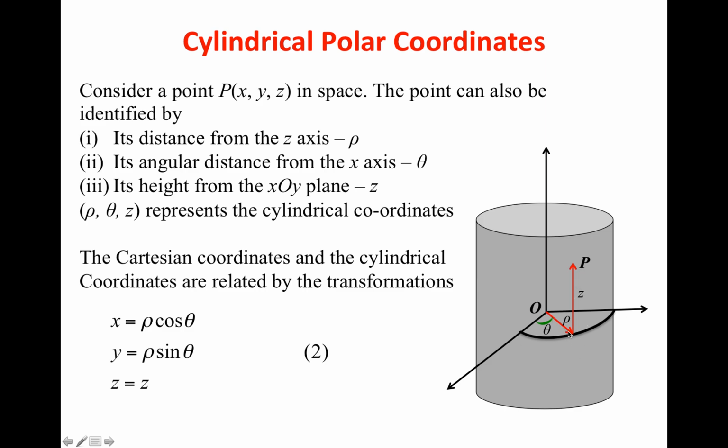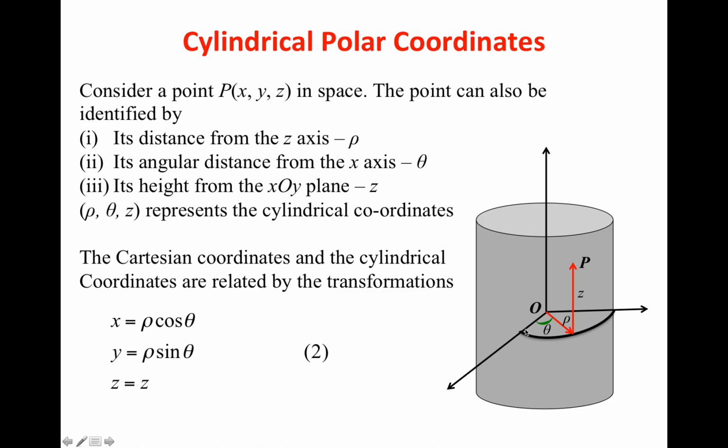This distance from O to the point is my distance from the z axis, that is rho, its angular distance from the x axis is theta, and its height from the x-y plane is my z. From this point, I draw a line parallel to the y axis and a line parallel to the x axis.